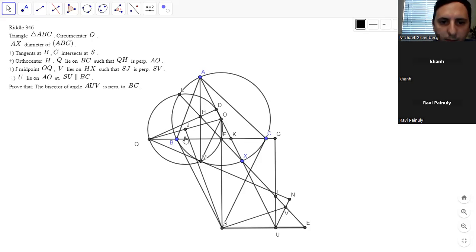What do we know is harmonic here? It is HM, QH, QM, QB, and the point at infinity. Okay, that makes sense.